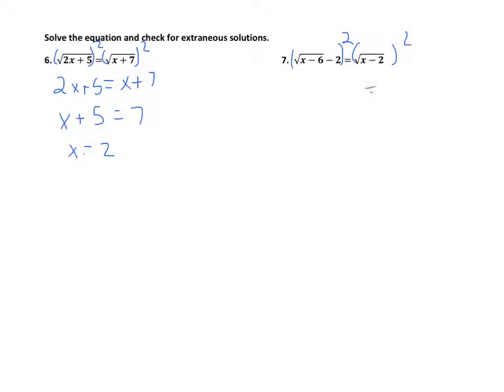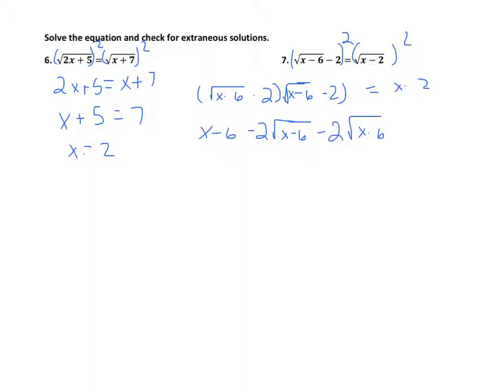So this side is going to be x minus 2. Now this side, though, remember, you're going to get x minus 6 minus 2 square root of x minus 6 minus 2 square root of x minus 6 plus 4 equals x minus 2.